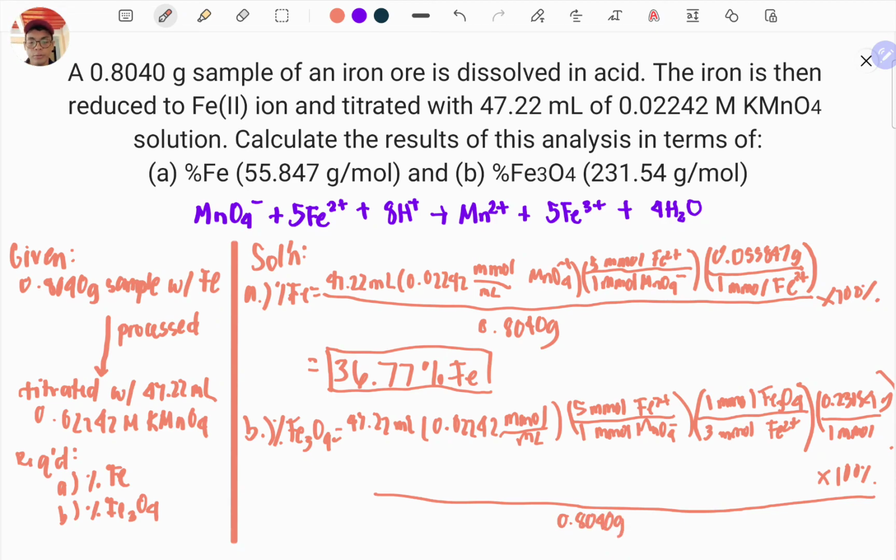Let me do that quickly in my calculator. 47.22 times 0.02242 times 5 divided by 3 times 0.23154 times 100 divided by 0.804. The answer is 50.81% iron(II,III) oxide.